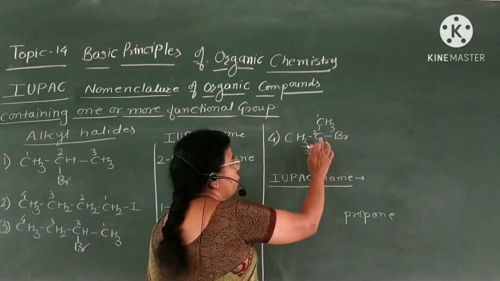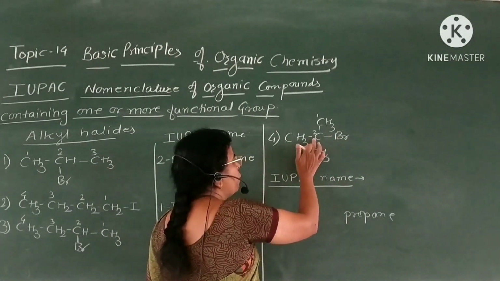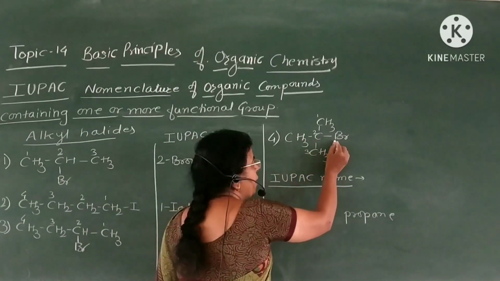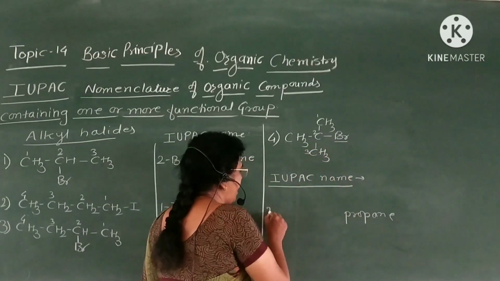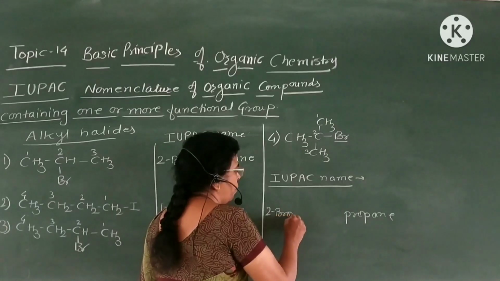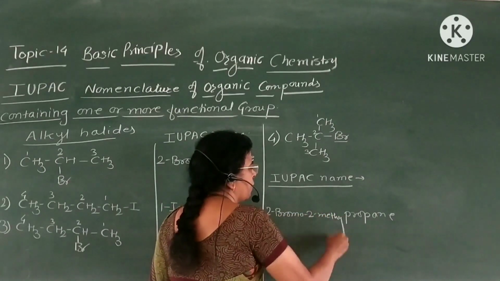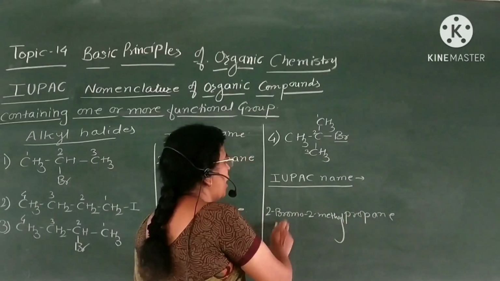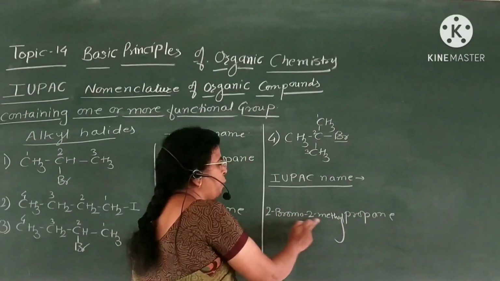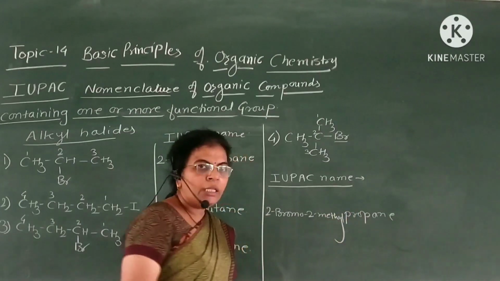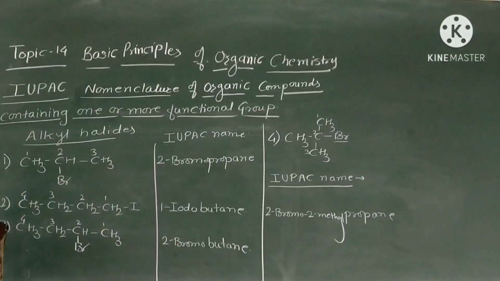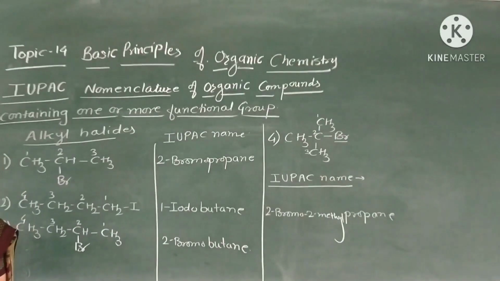Therefore it becomes 2-bromo-2-methyl. Alphabetically B comes first, therefore we write here 2-bromo, then 2-methyl propane. This is the IUPAC name of this compound, 2-bromo-2-methyl propane. In this way, IUPAC names for alkyl halides are given.